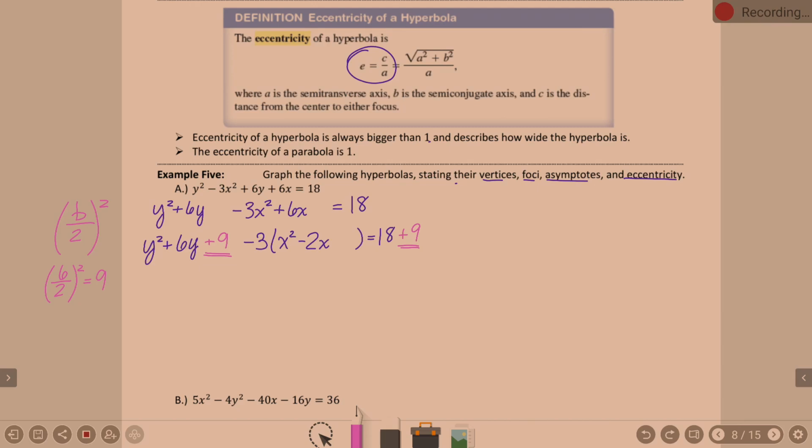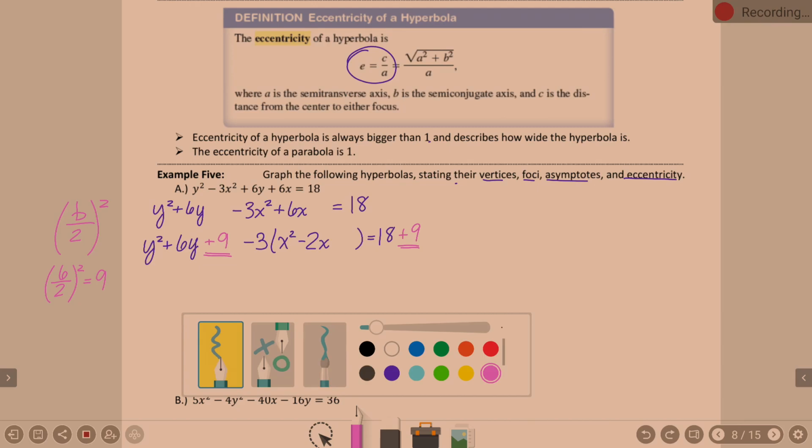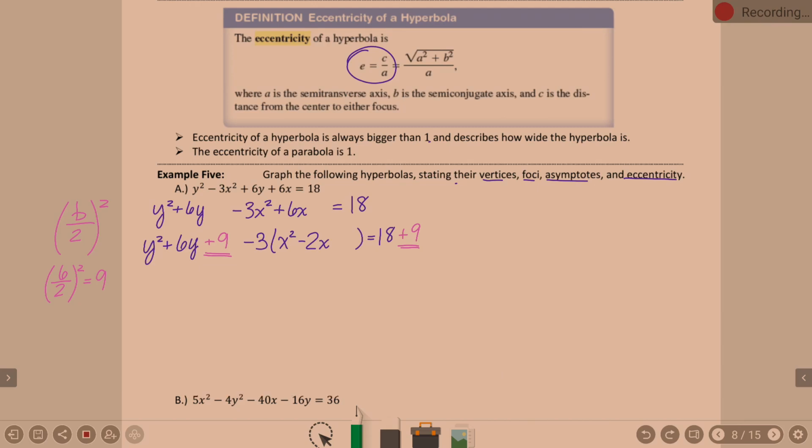And then repeat the process with the x's. What is my b value for x? Negative 2. So negative 2 divided by 2, quantity squared. Negative 2 divided by 2 is negative 1. Negative 1 squared is 1. I'm going to add 1 on the left inside those parentheses.